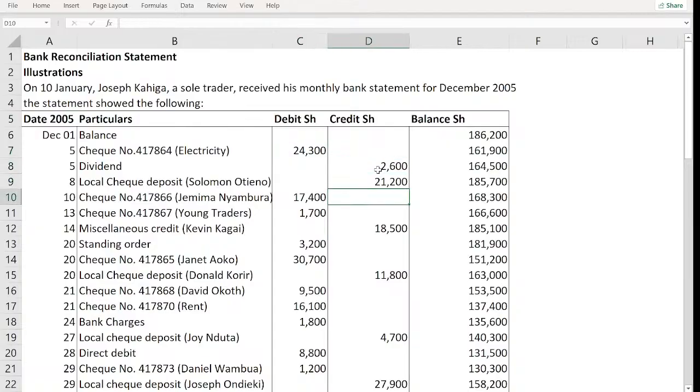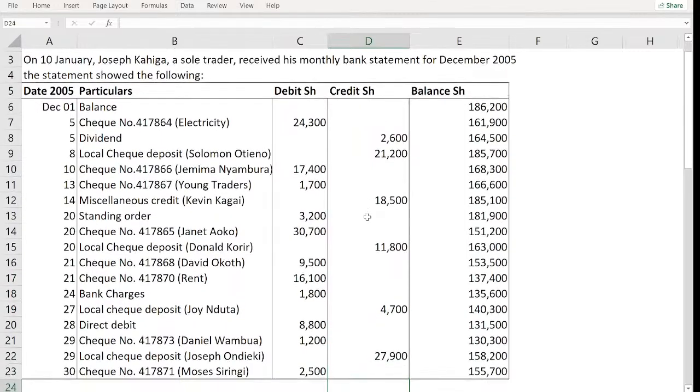So dividend, loan check, Jemima, all these are checks. Miscellaneous credit. So if they are expenses, you can see them on the debits. So income, revenue, liability, they are on the credit side. So this is a bank statement.